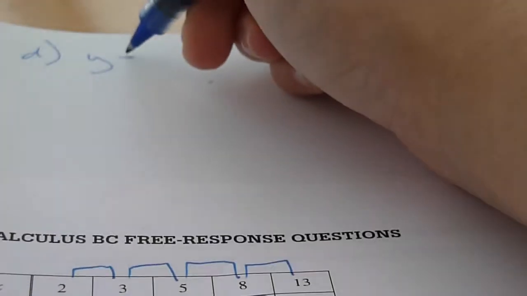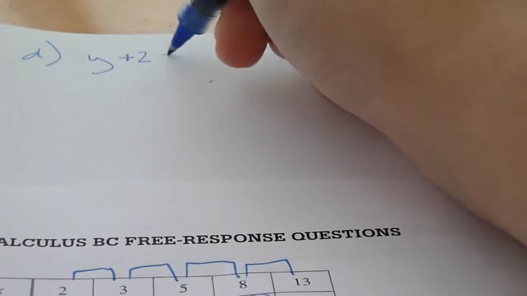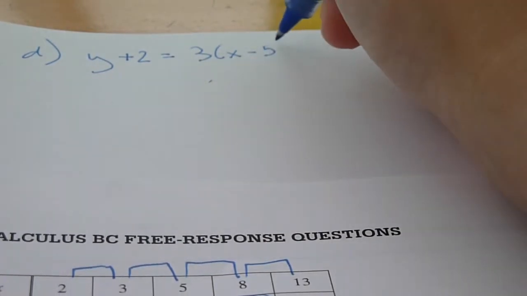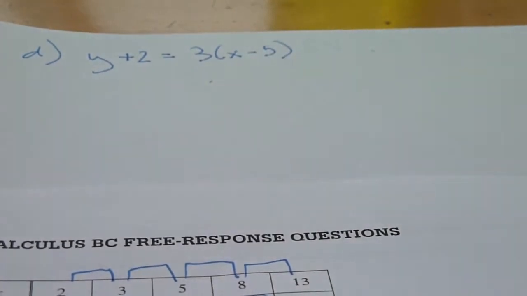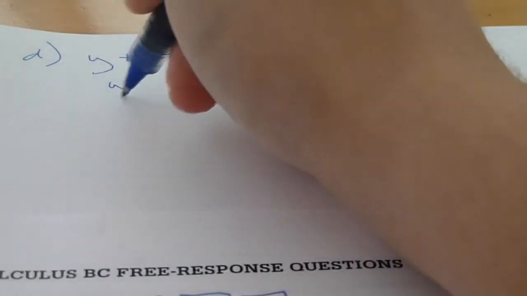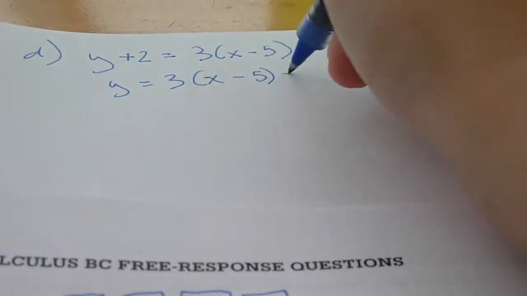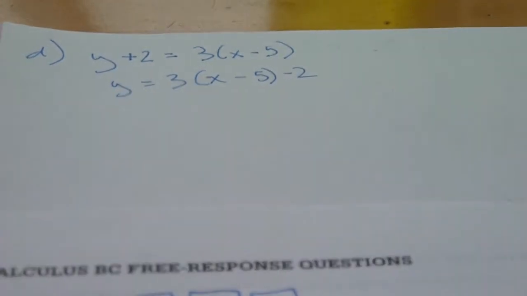So y minus y1 equals f prime, which in this case we know to be 3, times x minus x1, our x value that we're given. Okay, and we can just arrange that if we'd like. Not required, we can arrange that if we so choose, so that we have y on one side.